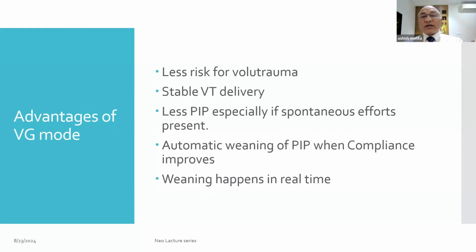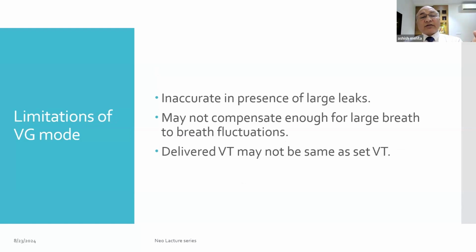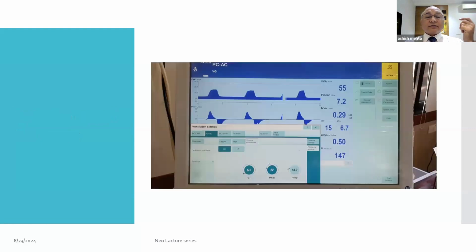The advantages, you already know: it decreases volume trauma, it has stable tidal volume delivery, or auto weaning, and fewer PIPs are required if good spontaneous efforts are there. But the limitation, as we say, is that with a larger leak, volume guarantee or any volume mode will not be very effective or worth relying upon.